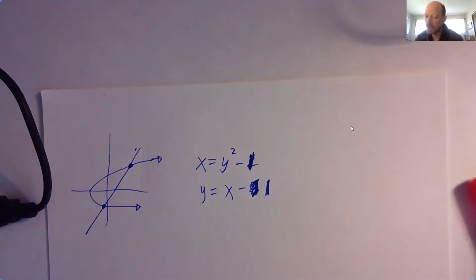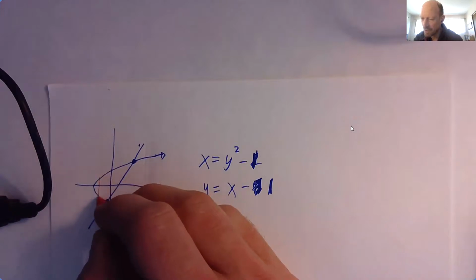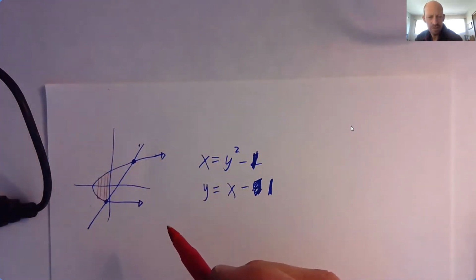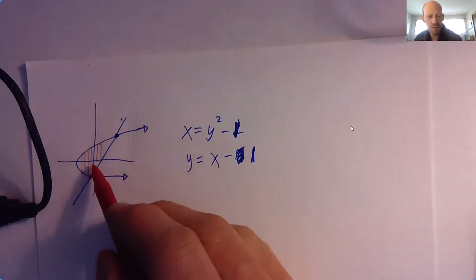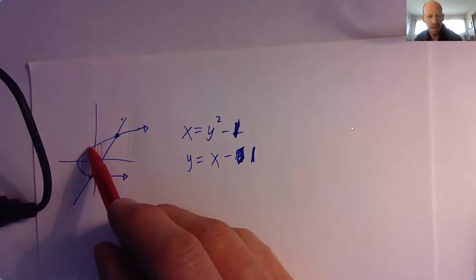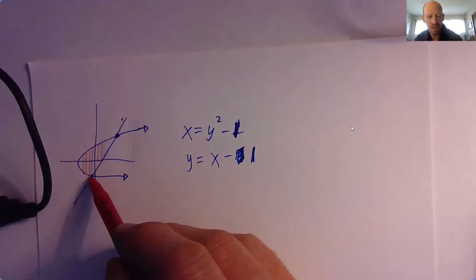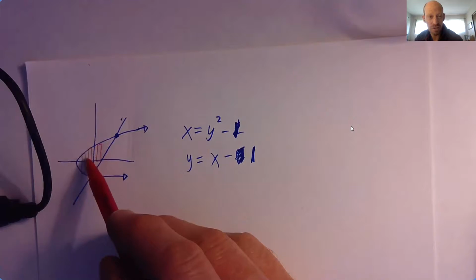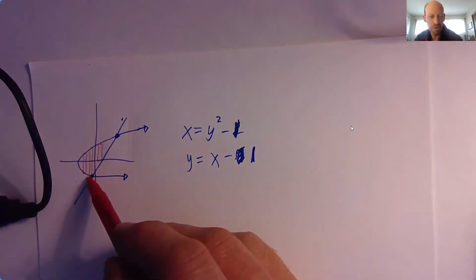The problem here is that if I try to do this area by adding up all of these rectangles, I run into some fairly significant problems. First of all, over this first region, the top function is here and the bottom function is here, so I'm using the same curve as the top and the bottom, which seems awkward. Also, the bottom function switches.